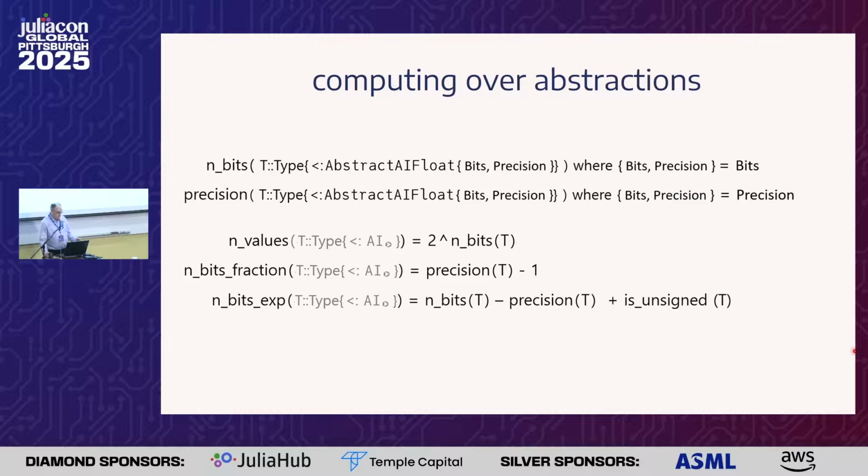Some simple examples are, you can figure out how many values you've got, how many fractional bits, and the last one, the bits in the exponent, which is termed unsigned, because for unsigned floats you don't need the sign bit. That sign bit gets put into the exponent for additional dynamic range.